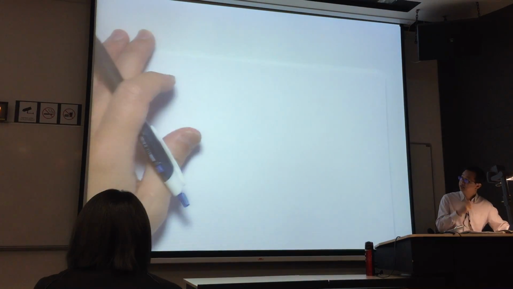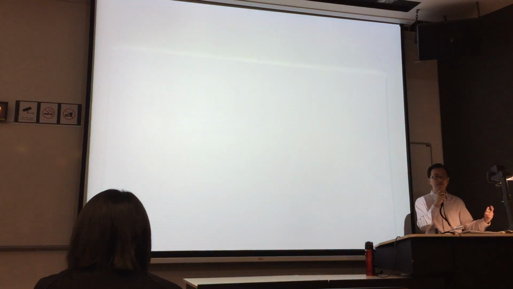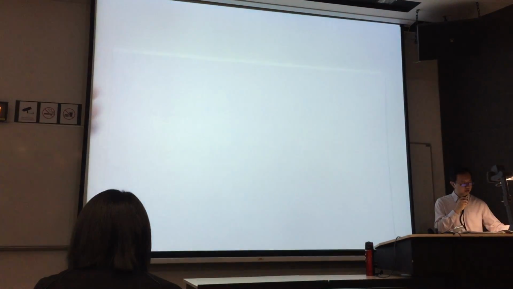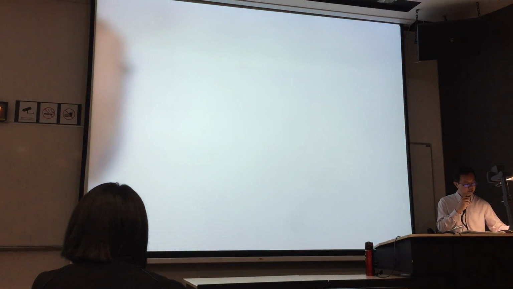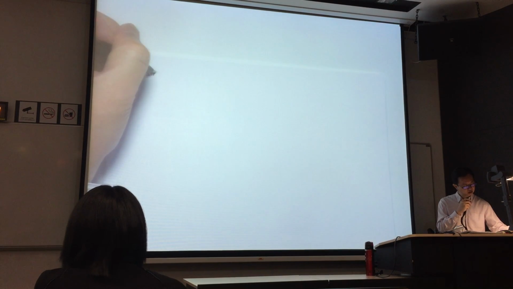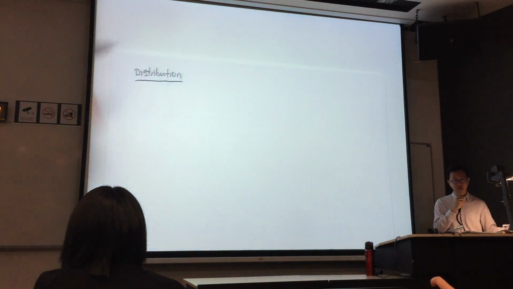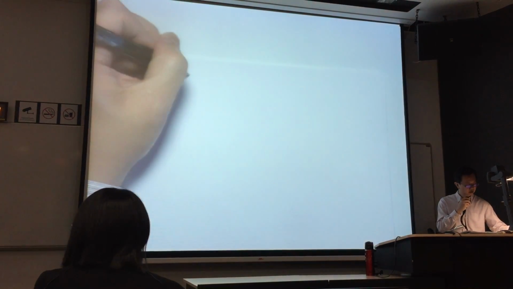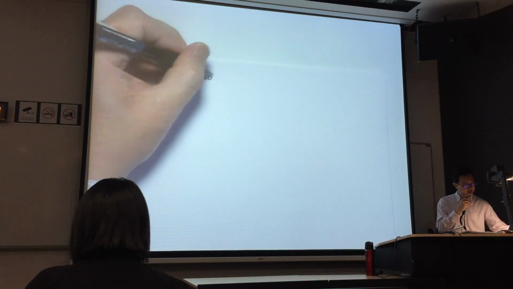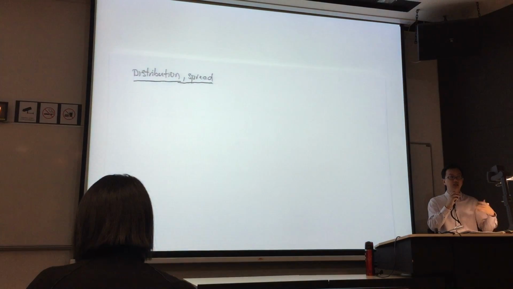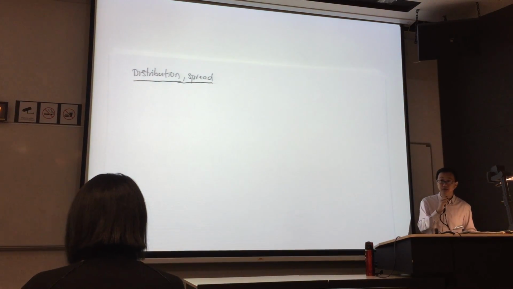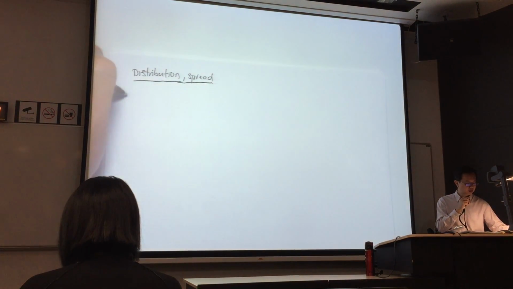To help you better understand this, I'm going to use some numbers to illustrate. So here let's say that this distribution is regarding the spread. As I said, the spread here is talking about the differential in yield of two bonds. So what are the possibilities?